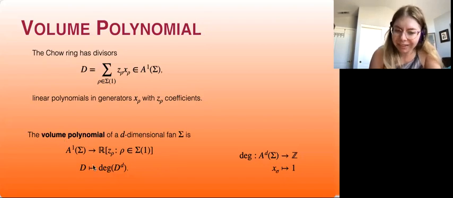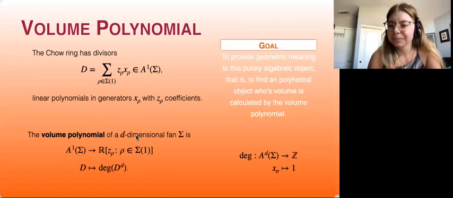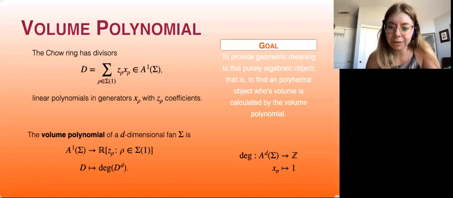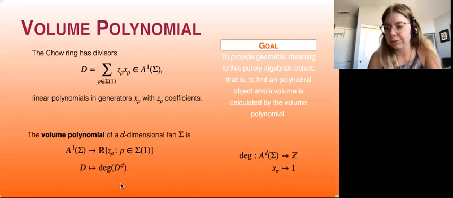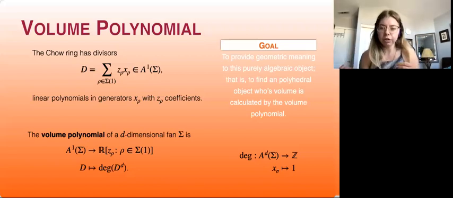But there's something funny about this definition, which inspired this whole project. Why is the word volume in here? So our goal is to provide a geometric meaning to this algebraic object. What I mean by that is we want to find a polyhedral object whose volume is calculated by the volume polynomial.